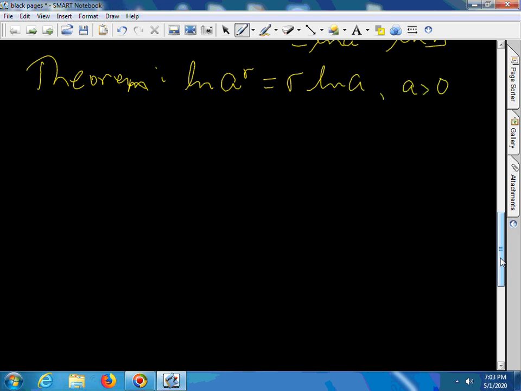Last theorem. Natural log of a to the r, as long as a is positive, is r times ln of a. a must be positive. Okay, and the proof is going to be very similar.